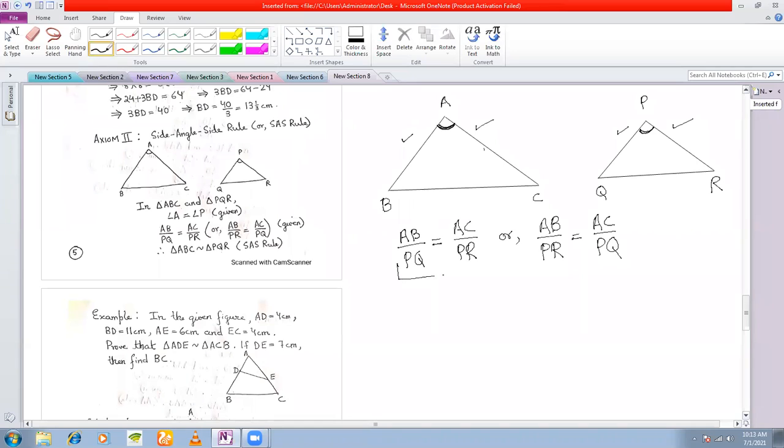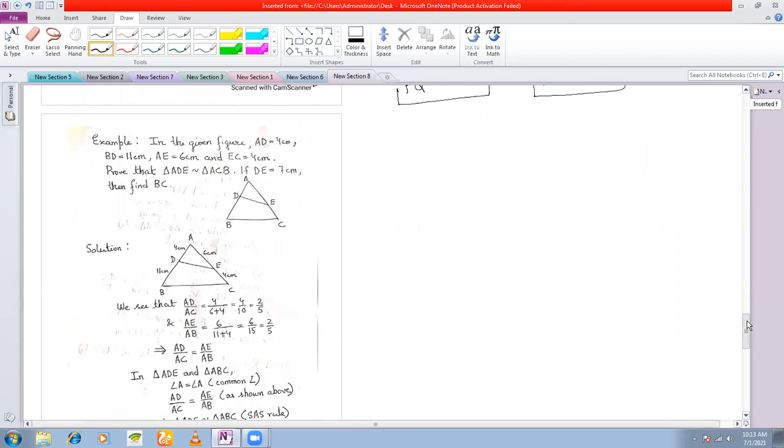But the point is that both these ratios should contain the included sides. Okay, if either of these two are given to be equal, then we can say that the triangles are similar. Of course, these two angles have to be given. This is called the SAS rule. Okay, I've written it here. You can check. Let us try a problem here.